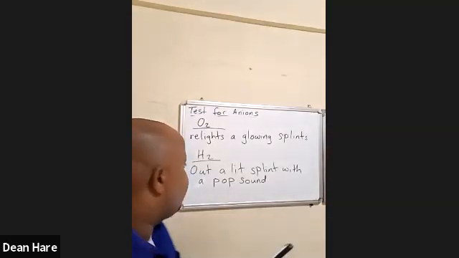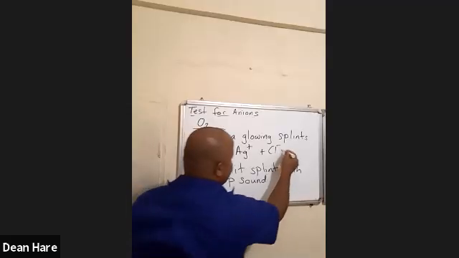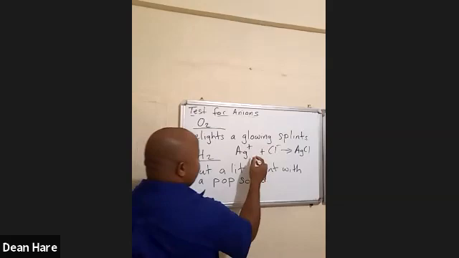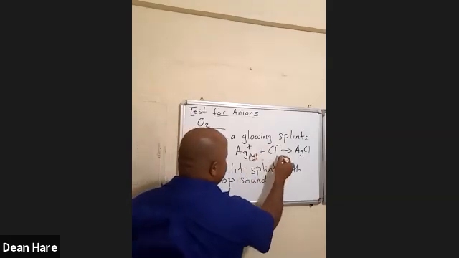Silver ion plus chloride ion equals silver chloride. That is correct. Now remember to put your state symbols. Once it has a charge, it's aqueous. Silver chloride is insoluble, so it is a solid.